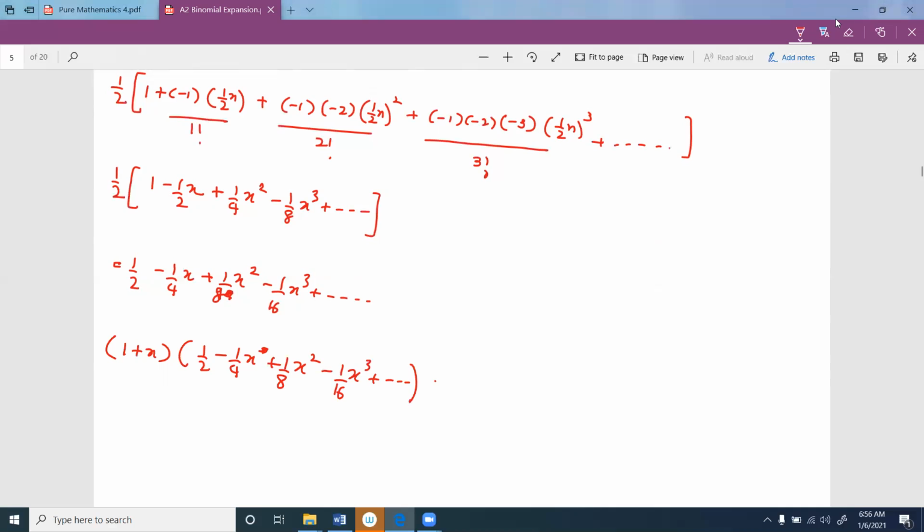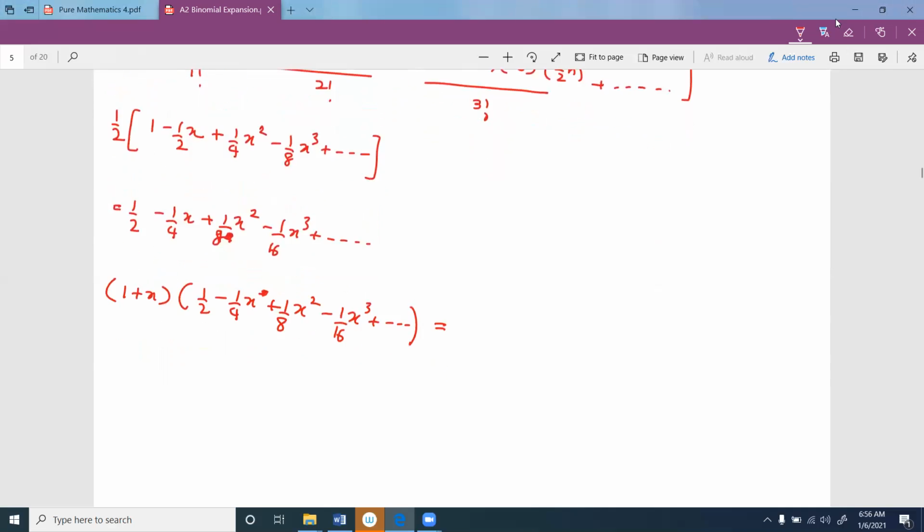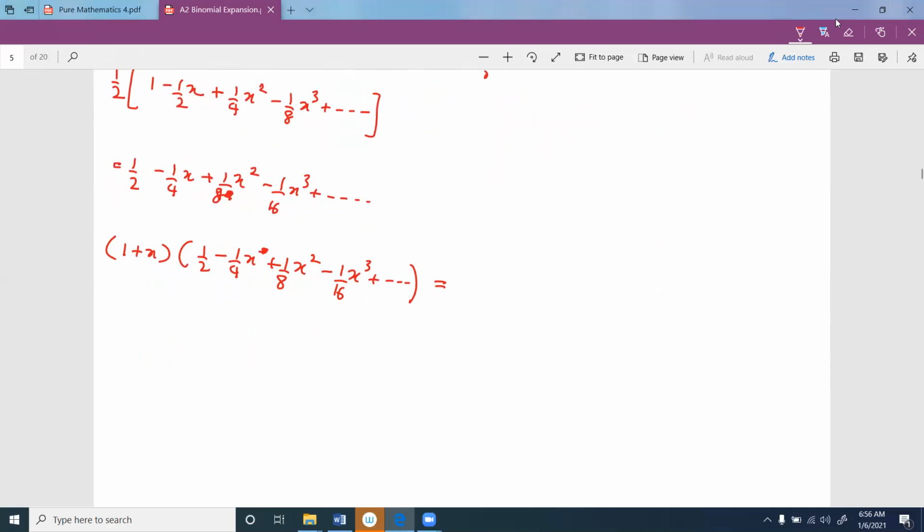If you just do this expansion, initially I multiply everything with 1, therefore you get the same expression. So I just write 1 over 2 minus 1 over 4x plus 1 over 8x to the power 2 minus 1 over 16x to the power 3, and so on.